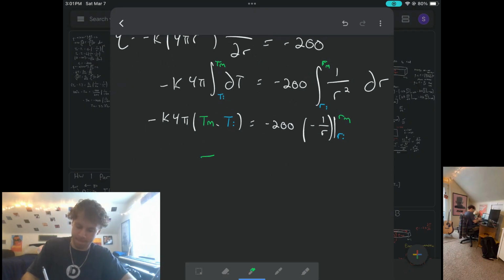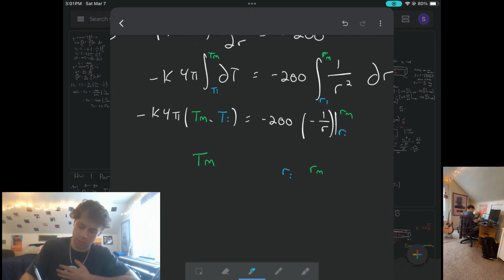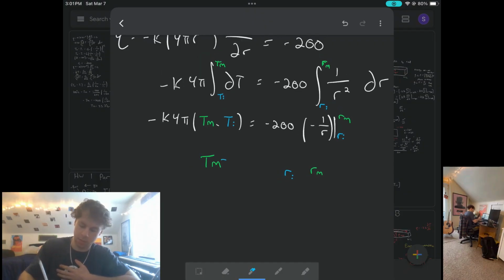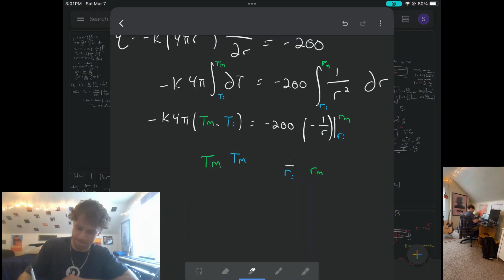So that will be the reciprocal of our inside radius minus the reciprocal of our radius at the midpoint, times negative 200.